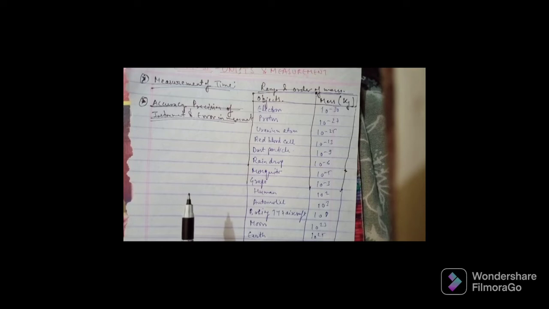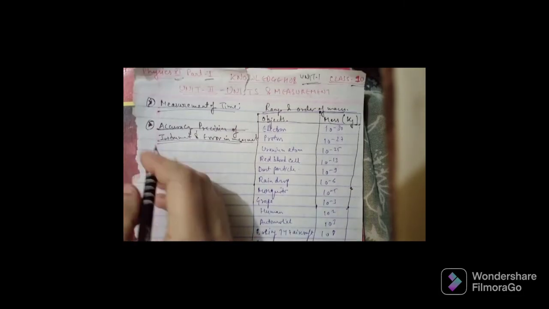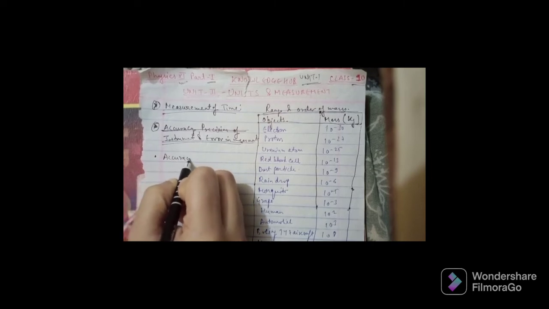We shall distinguish between the two terms accuracy and precision. Accuracy of the measurement is how close the measured value is to the true value of the quantity, and precision tells us about the resolution. I will just write it down for you because this has been asked many times, and many people are confused between these.